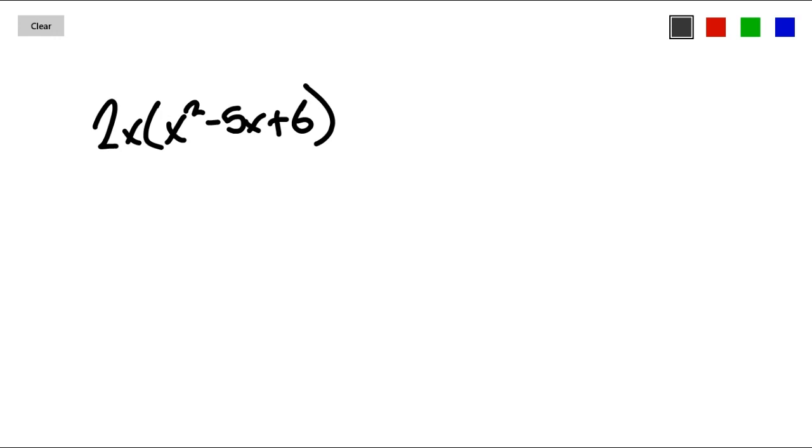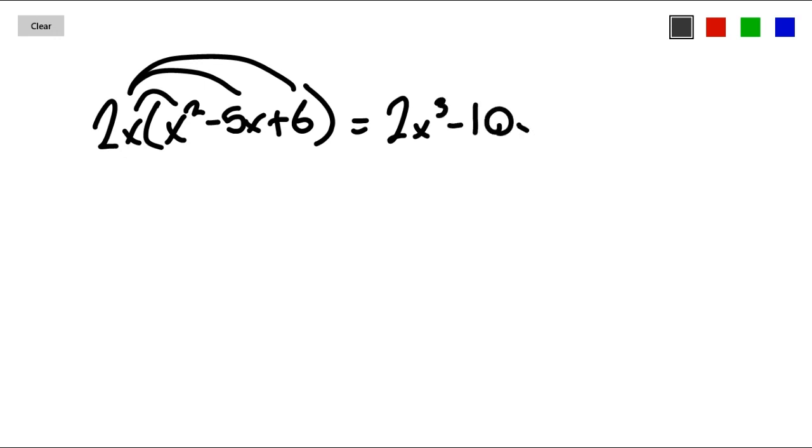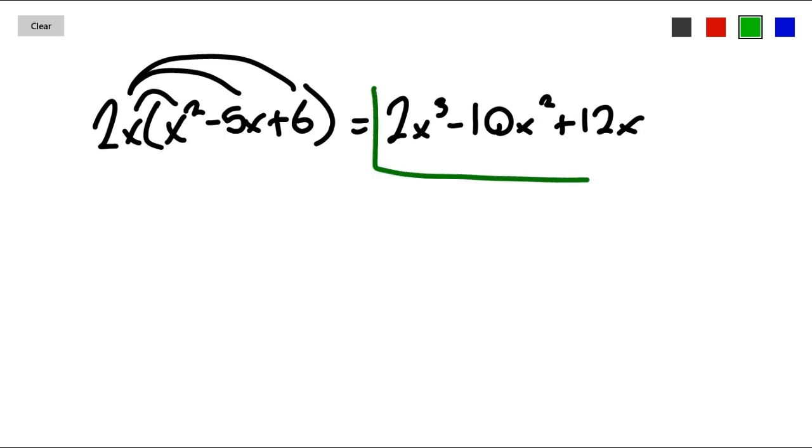So what I can do is distribute the 2x to each of these terms. And that's going to give me 2x cubed minus 10x squared plus 12x. And since there's no other like terms to combine with each other, this is the polynomial that we end up with. So essentially, the original thing that we had is just the factored version of this polynomial.